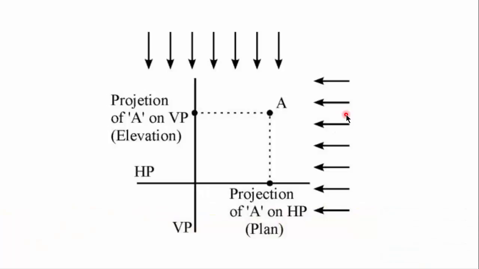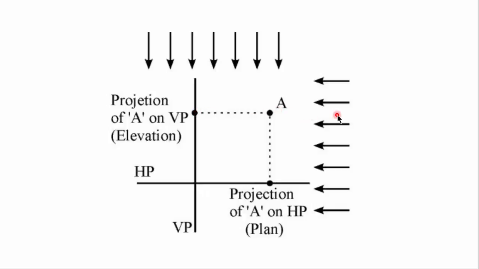If I look towards point A from this direction, then point A will appear to be on VP at this location. Or if I put a beam of light on point A from this direction, then point A will have its shadow lying on VP at this location.